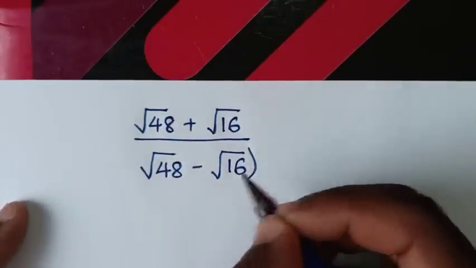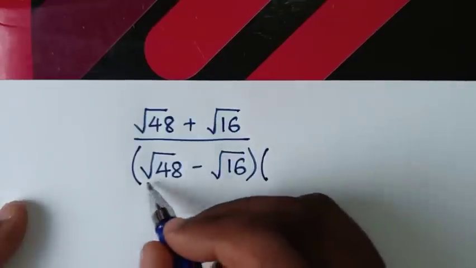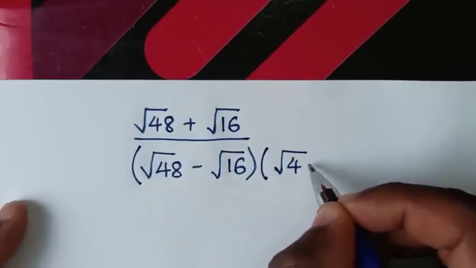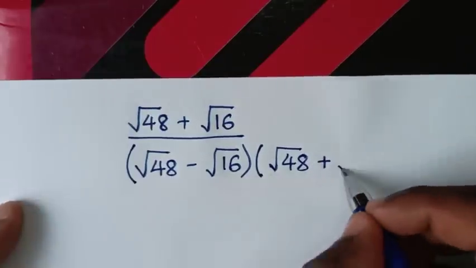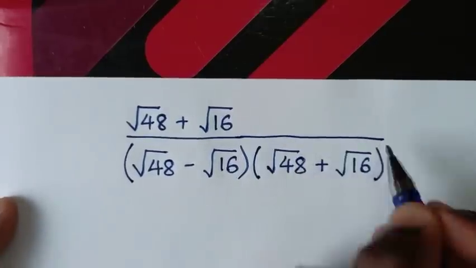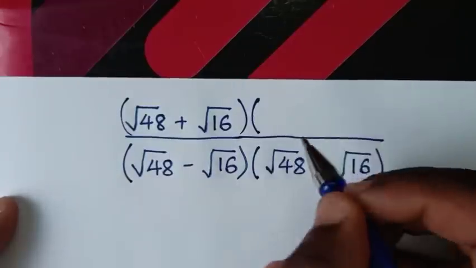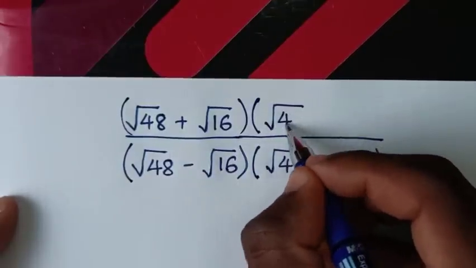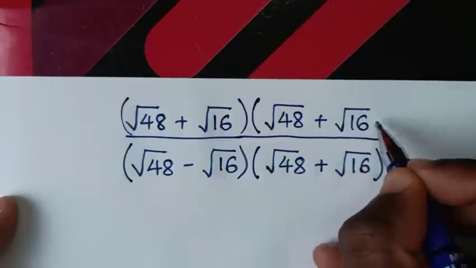In the denominator, we have a negative, so to make it positive we multiply by the same, which is square root of 48 plus square root of 16 in brackets.